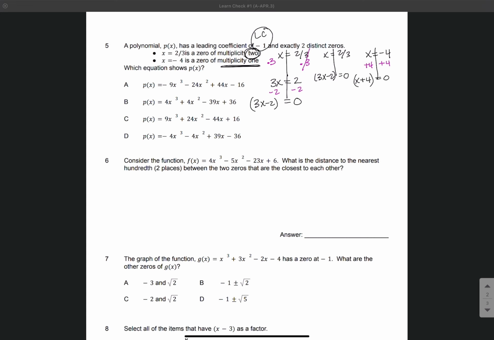So let's go ahead and write our factored form. I think some of us need to stop and write the factored form before we start multiplying everything together, just to make sure we've got all of the pieces before we start multiplying.